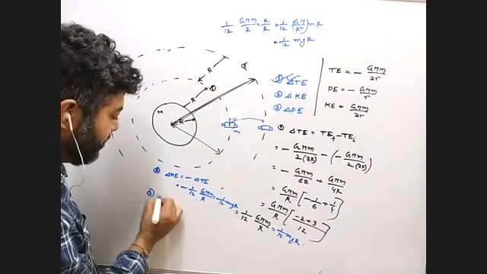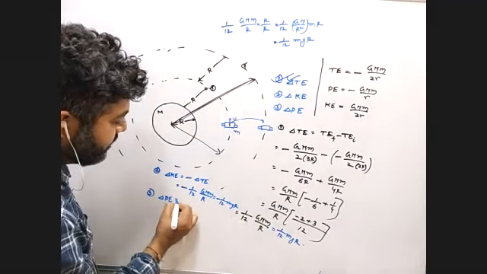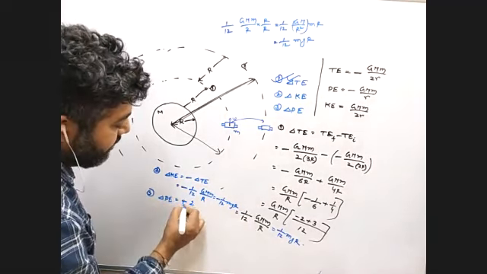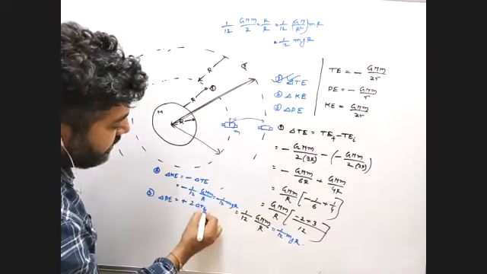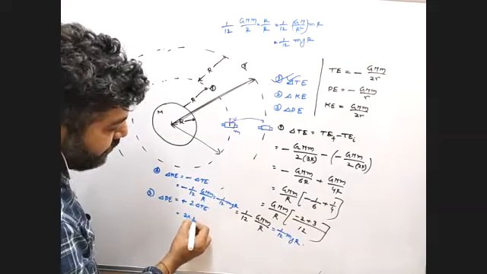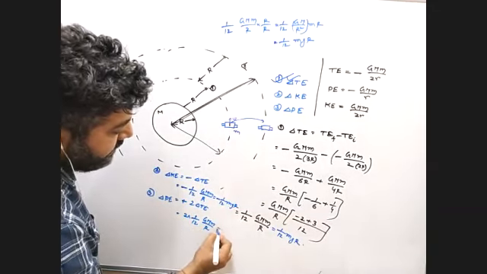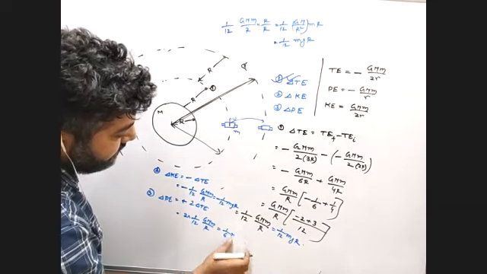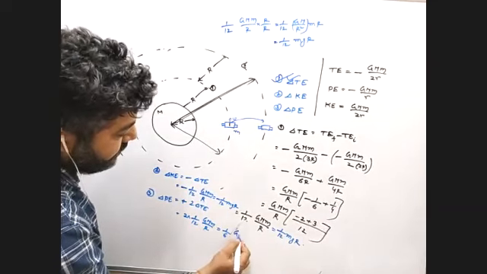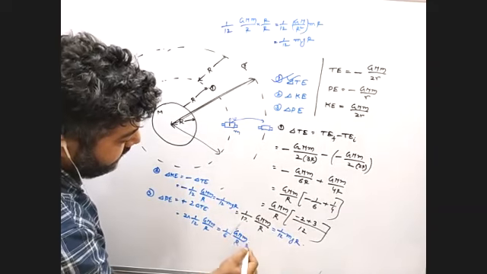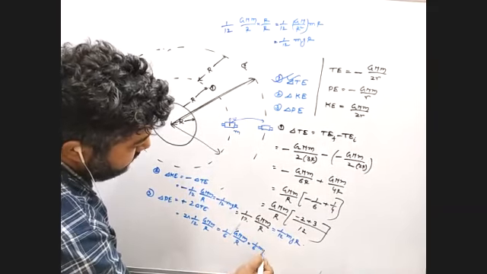And number 3, change in potential energy is double of the total energy with a plus sign. So 2 into 1 by 12 GMm by r, that is 1 by 6 GMm by r, or 1 by 6 mgr. Is it clear?